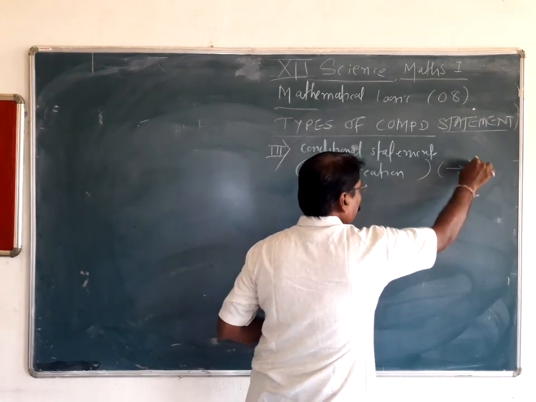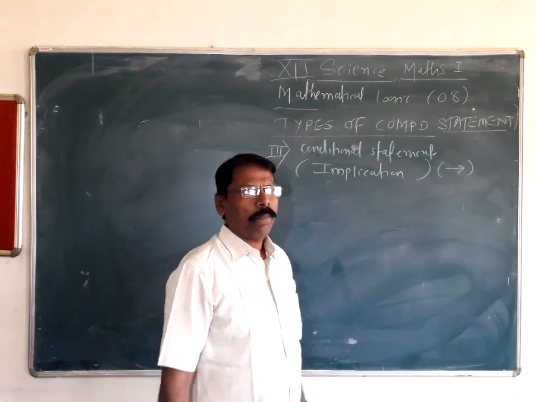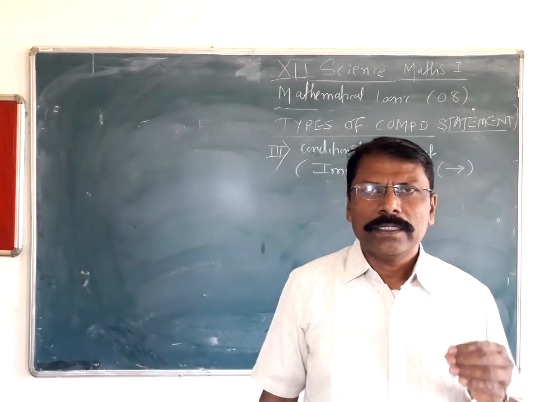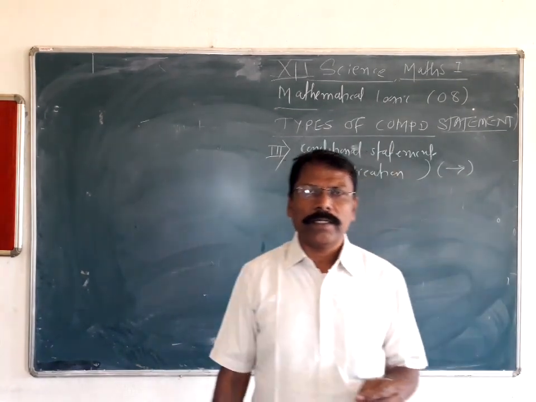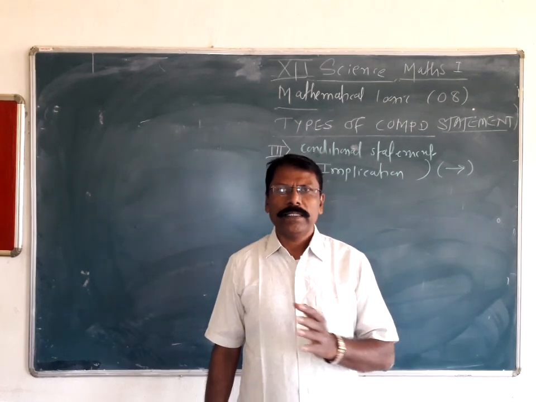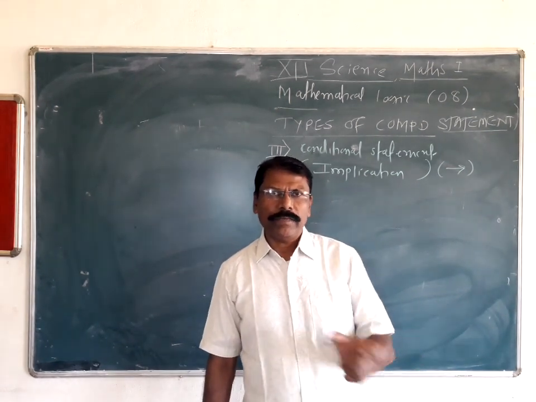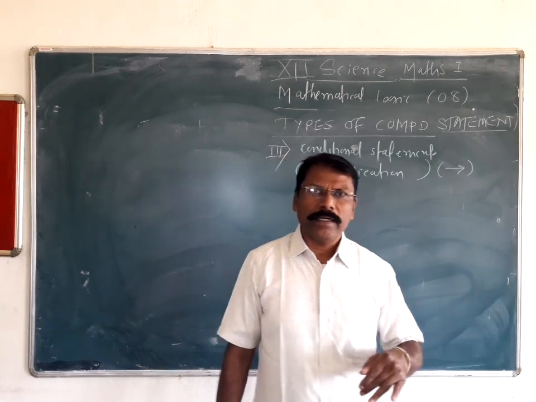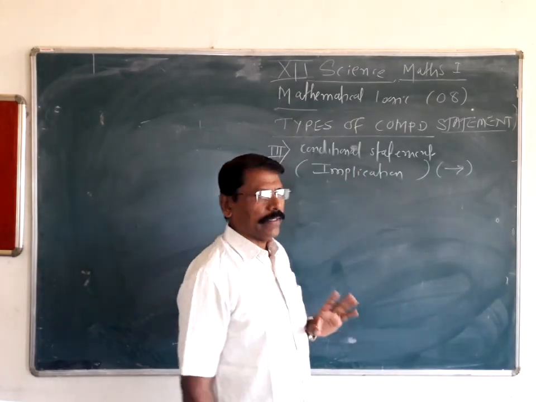It is denoted by a one-sided arrow. A compound statement is obtained by the logical connective if then. So if and then, antecedent and consequent. Since there is a condition, that's why it is called a conditional statement.